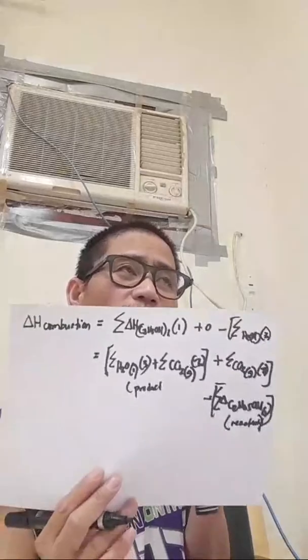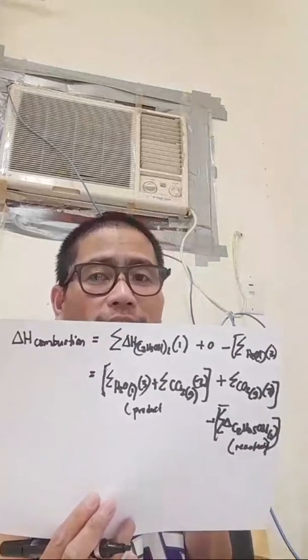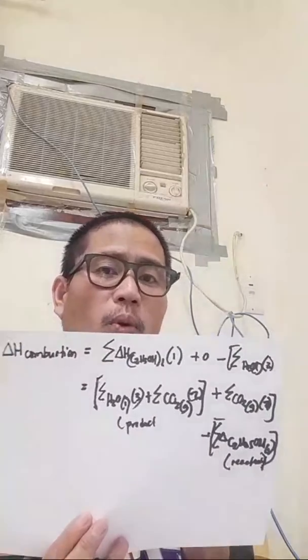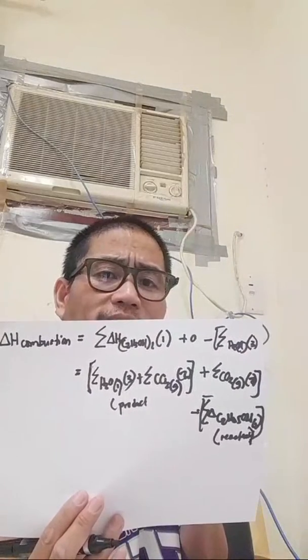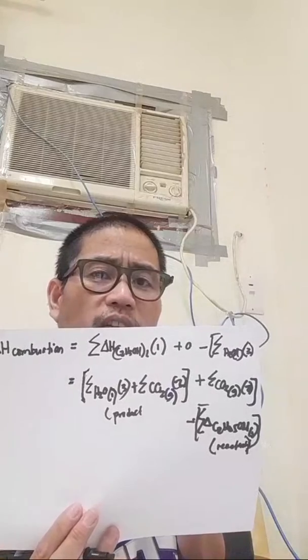Product minus reactant, always. So the enthalpy change of formation of the products times the number of moles minus the enthalpy change of formation of the reactants times the number of moles.